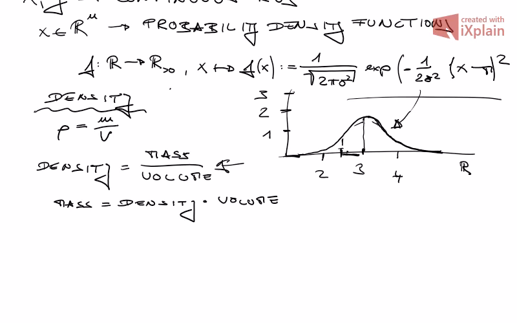Let's take a different color. So this is our volume here, the interval between 2.5 and 3, and we want to compute the probability mass for this volume.